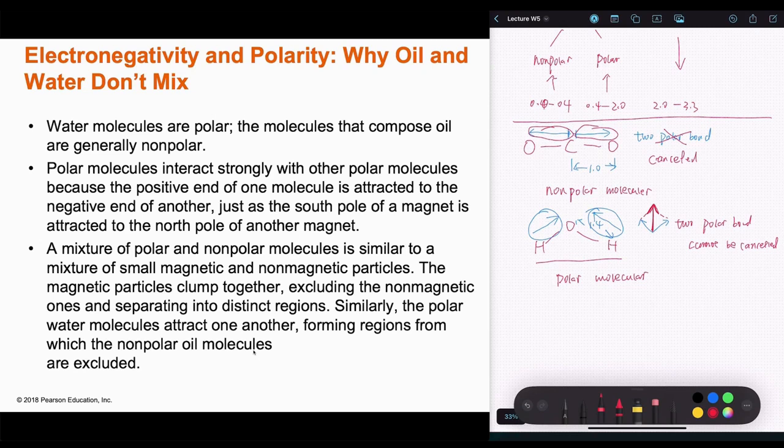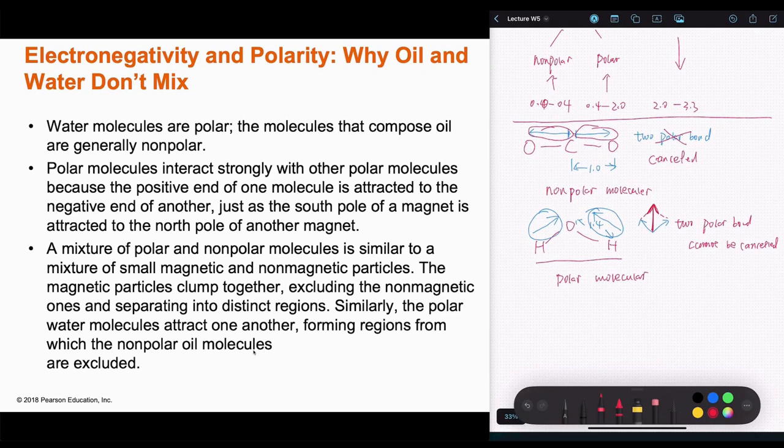A mixture of polar and non-polar molecules is similar to a mixture of small magnets and non-magnetic particles. The magnetic particles are just attracted together, excluding those non-magnetic particles and separating into two different regions. In the chemistry world, it is like they are separating into two different phases.